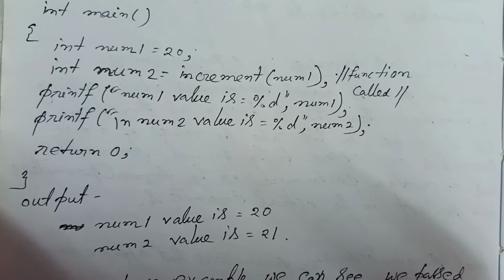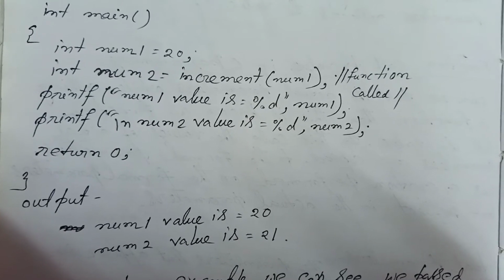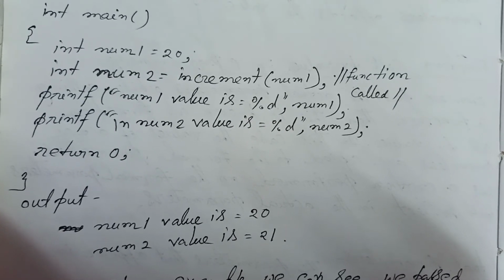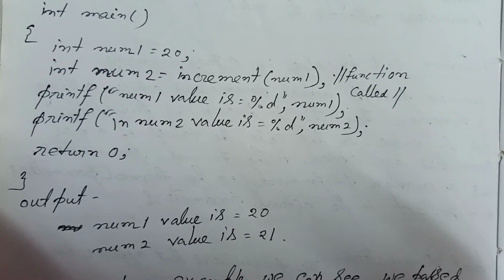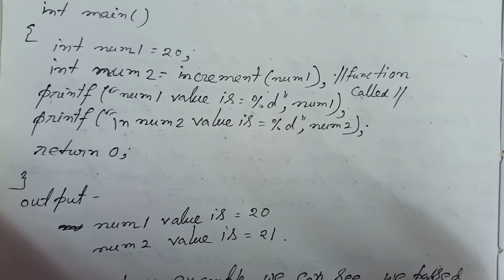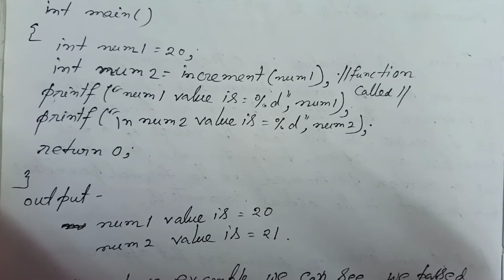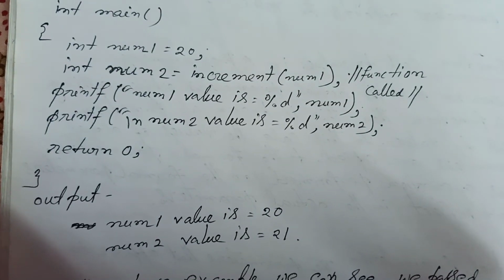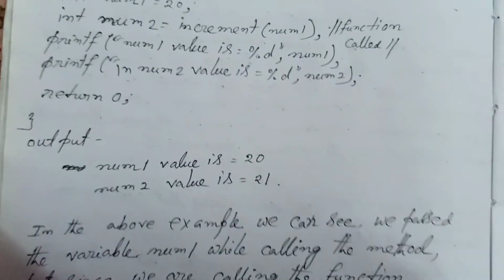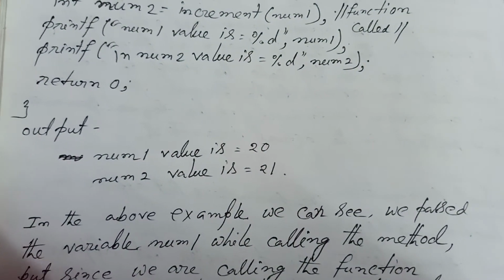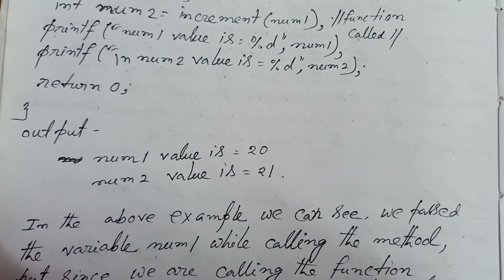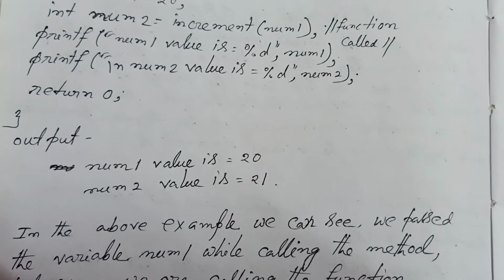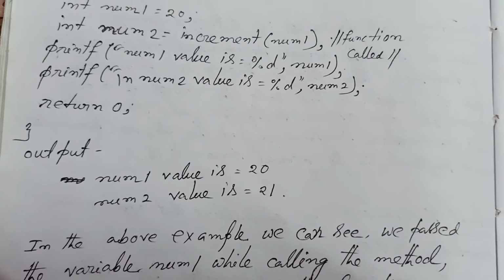Next printf: the num2 value is equal to %d, quotation complete, after a comma num2, and return 0. So in the output we can see num1 is 20, num2 is 21.